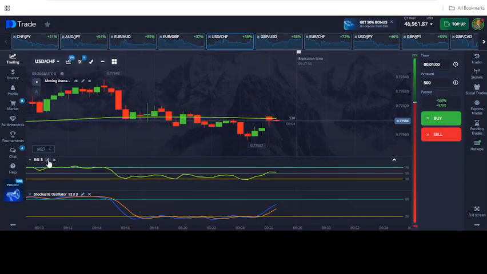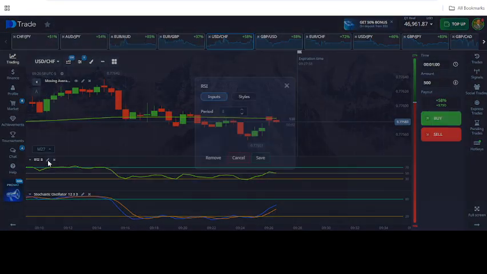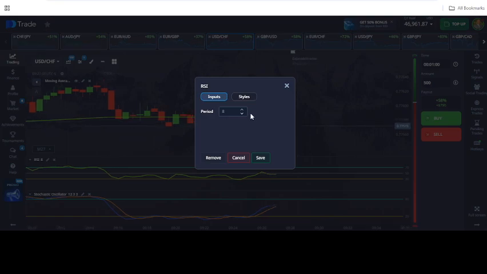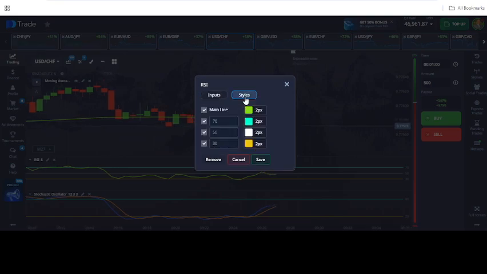And for the RSI setting, I have the period set to 8, and in my style settings I've increased the line width of all the lines to 2 pixels each, so I can see the lines a little better on the chart.